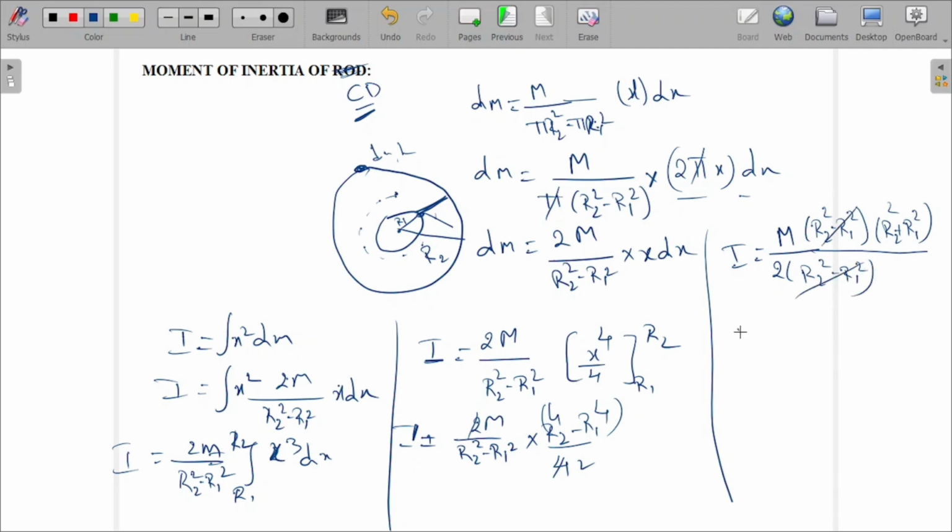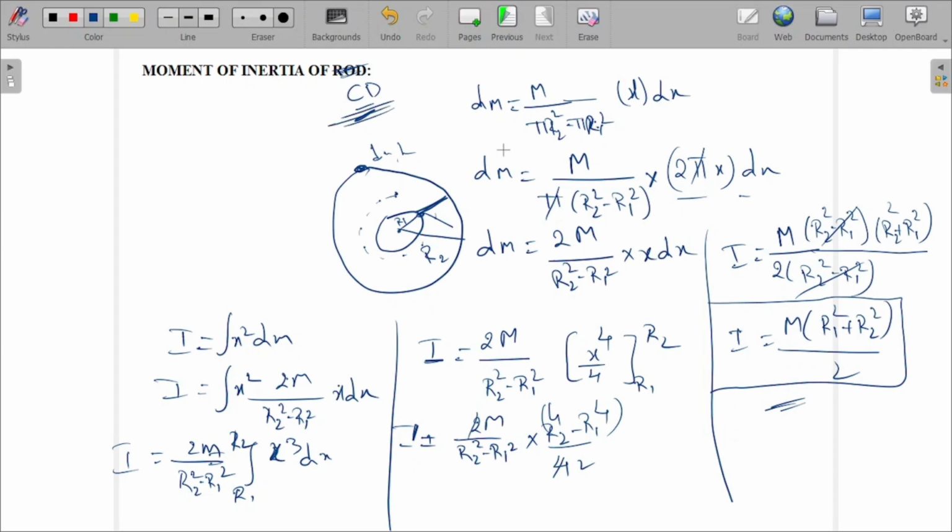So both will get cancelled. Then I equals M of r1 square plus r2 square by 2. So this is the moment of inertia for a CD disc, like a CD. Okay, clear? Right.